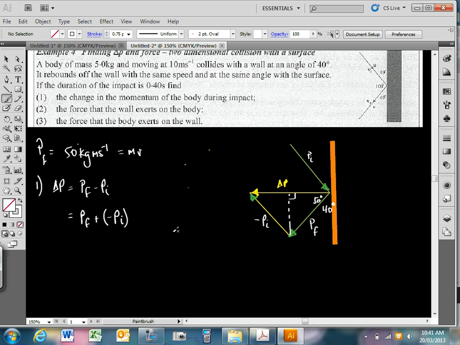We're going to do a vector addition in 2 dimensions. How do we work it out? I can't just do that. Let's divide this in two and just find the length of this delta P on 2.